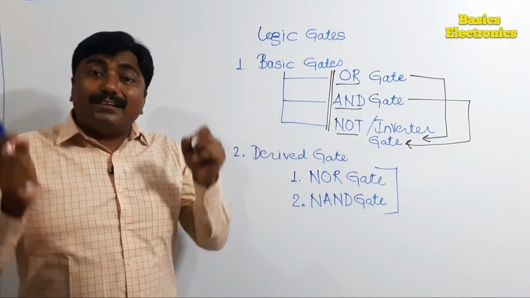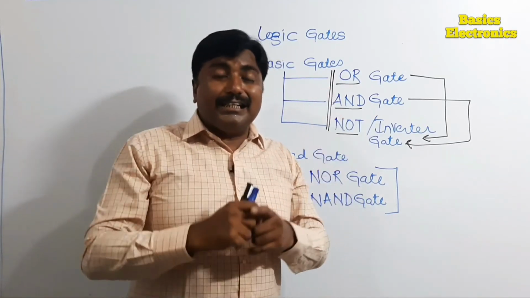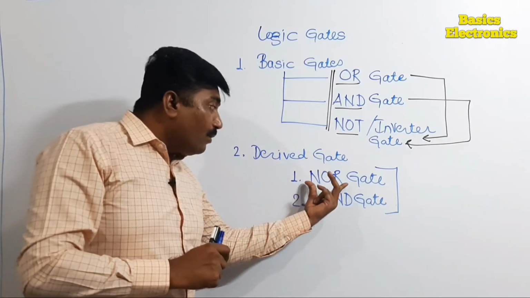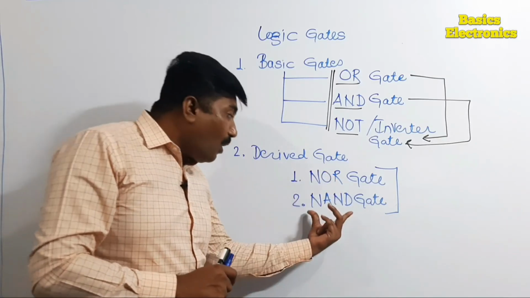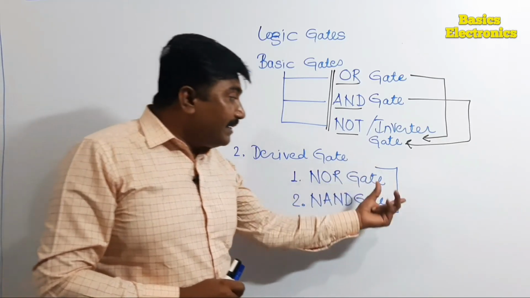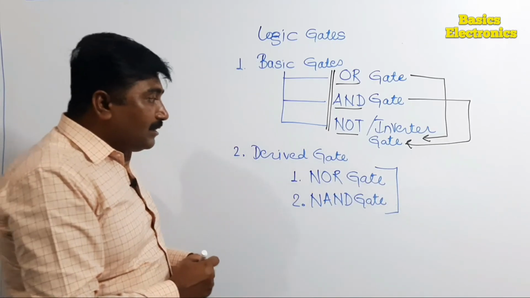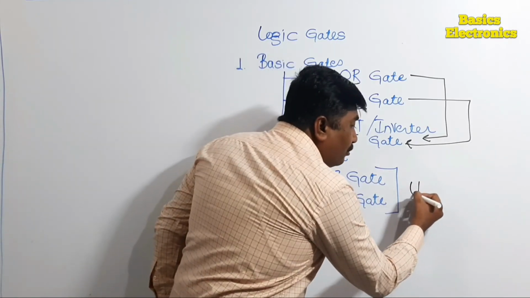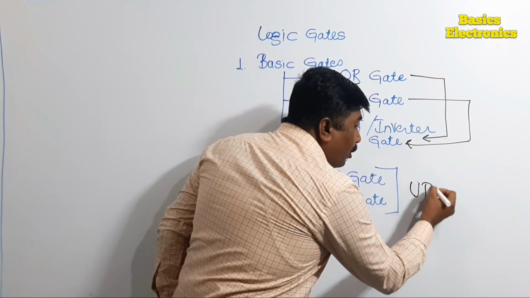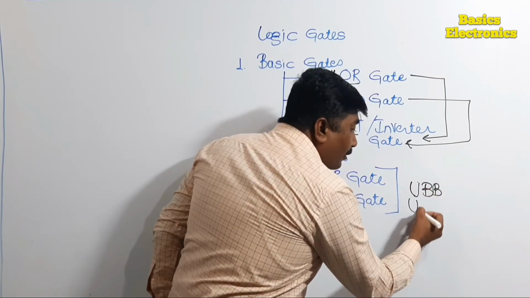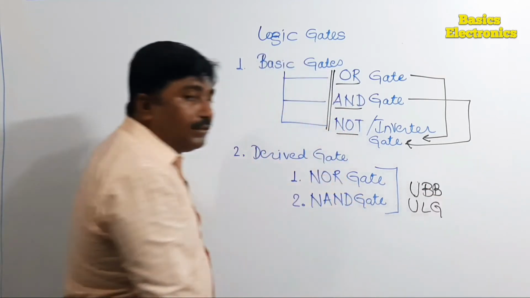We can construct any type of digital circuit using either only NOR gates or NAND gates. That's why these two gates are called universal building blocks, UBB, or universal logic gates.